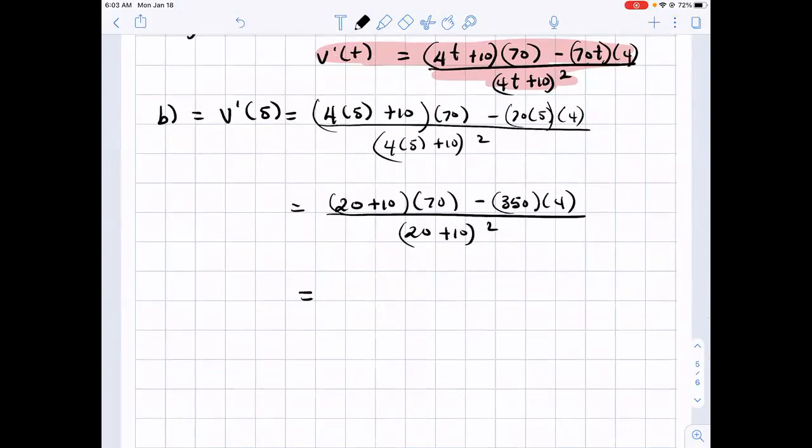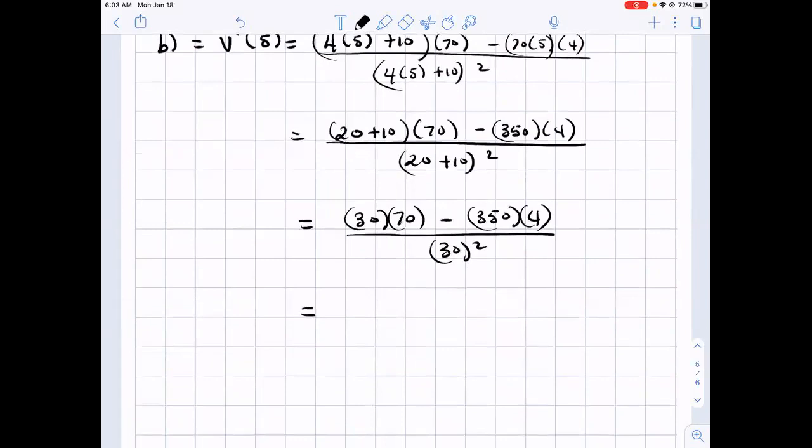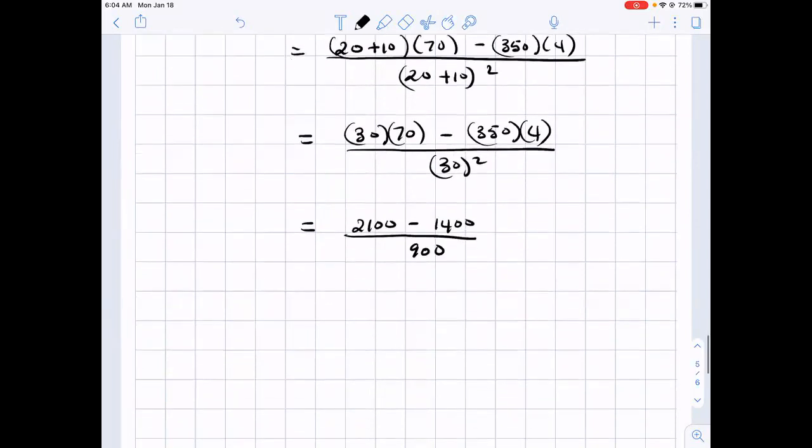If we simplify our numbers, we have 30 times 70 minus 350 times 4 over 30 squared. So this becomes 70 times 30 is 2100. 350 times 4 is 1400. 30 squared is 900.